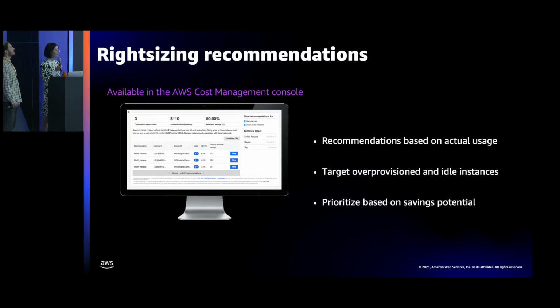It also identifies, if you apply Savings Plans or Reserved Instances, how much estimated monthly savings that can bring to you. It can also scan across all your member accounts in your organization, so you can do the scan across all your member accounts' EC2 instances in one go in a single view.